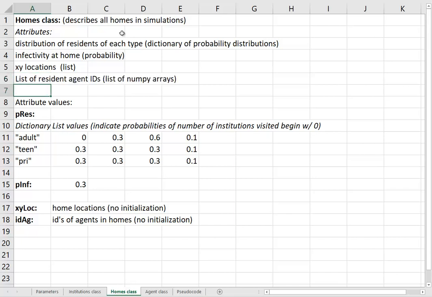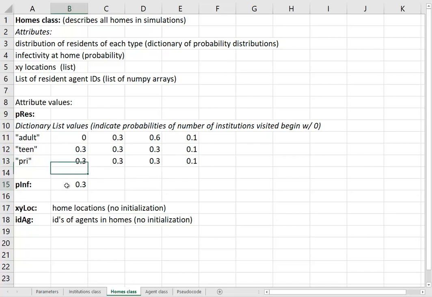Okay, all right. So here's my attribute values. The distribution of residents of each type. What this means is there's probability 0 that there are no adults, probably 0.3 that there's 1 adult, probably 0.6 that there are 2 adults, probably 0.1 of 3 adults. Okay, for teen, probably 0.3 no teens, etc. Primary, probably 0.3 no primary, etc. All right.